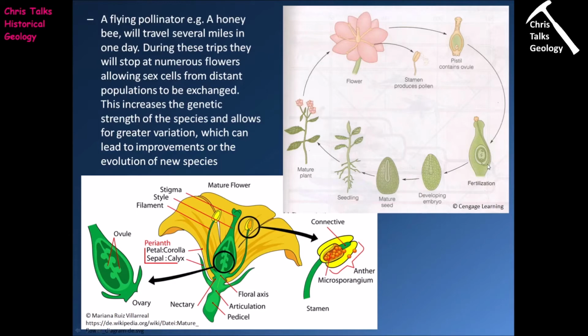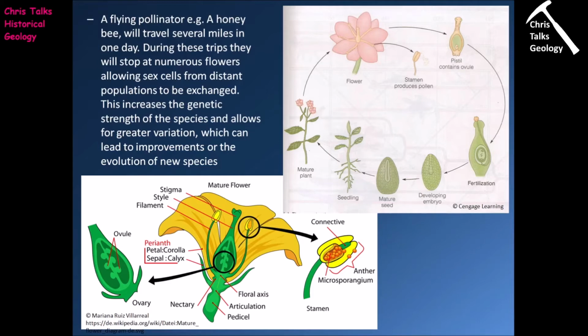Now obviously once fertilization takes place, it's going to develop into an embryonic plant, which is obviously going to develop into a seed. The seed will then be dropped, it'll grow into a seedling, and then develop into a mature plant.